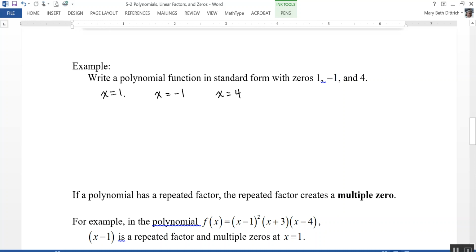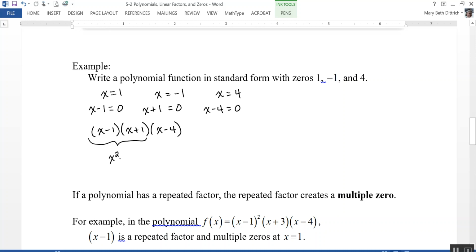Well, to do that, I'm going to set each one of these equal to 0. So this means x minus 1 equals 0, x plus 1 equals 0, and x minus 4 equals 0. So now my polynomial function is going to be the product of each of those linear terms. So I have to multiply that. Actually, what I'm noticing is that this is going to turn into a difference of squares.